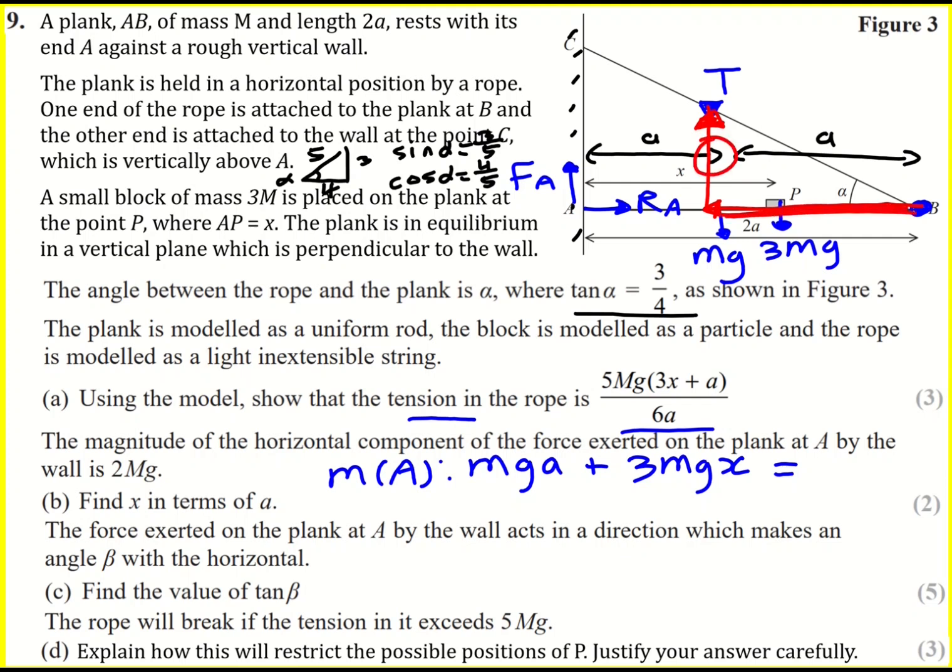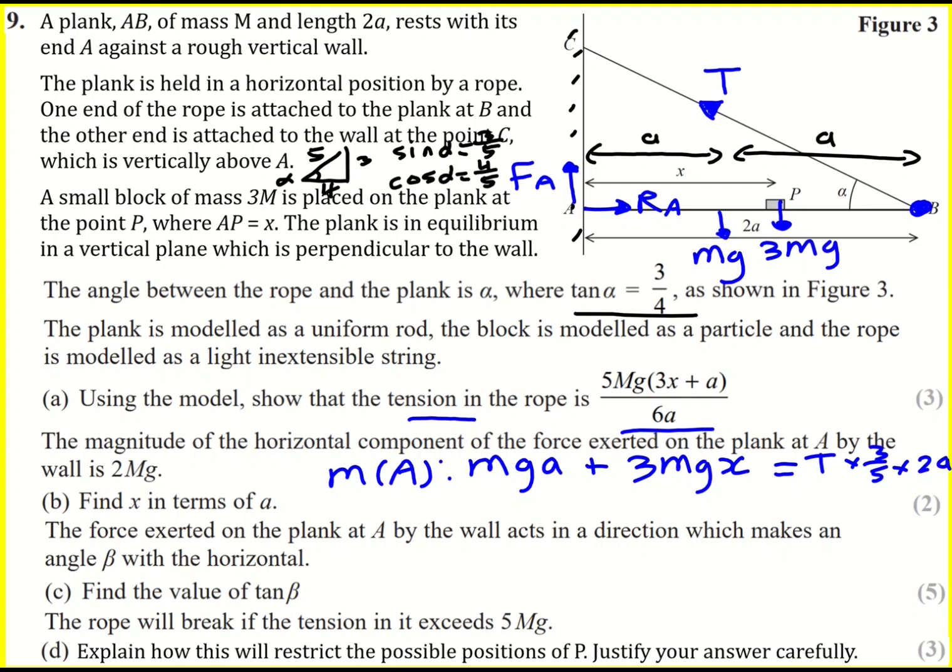Then the horizontal part would be T cos alpha, but that doesn't apply a moment because it is not perpendicular. So I am going to get T times sine alpha, which is 3/5, and then I'm going to be timesing by 2a because that is the distance from the application of the force to the pivot.